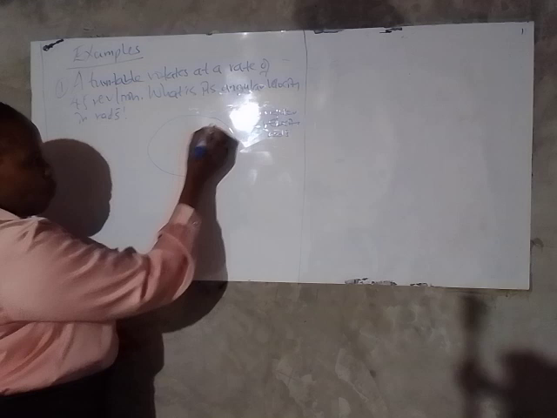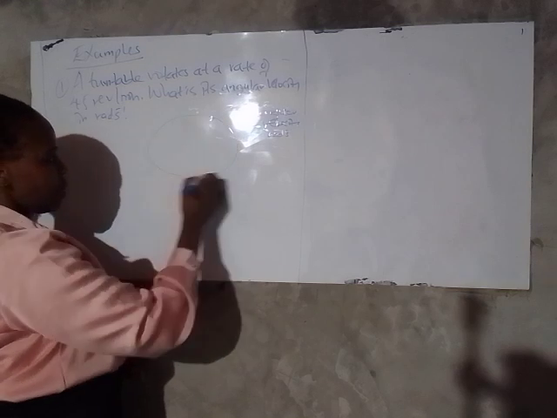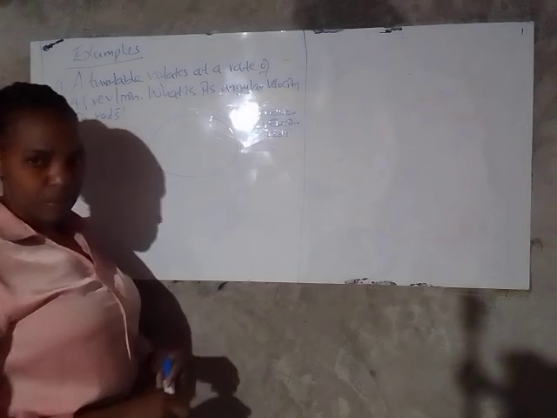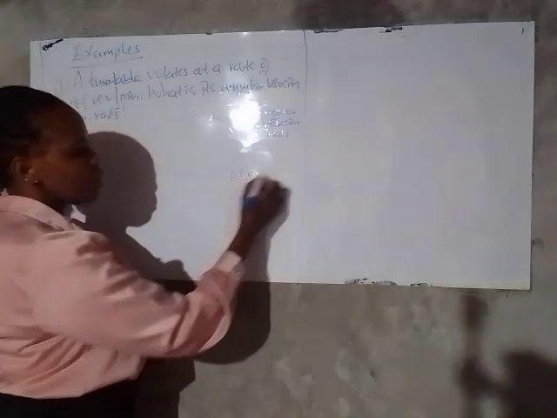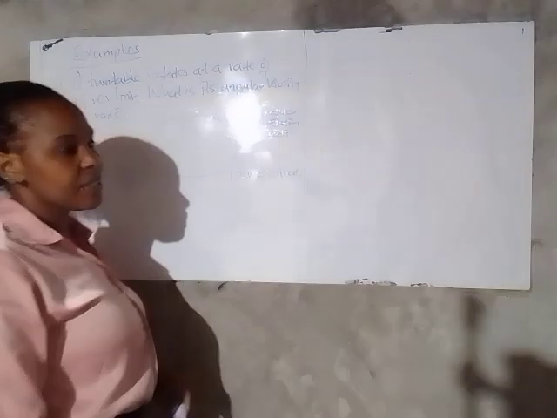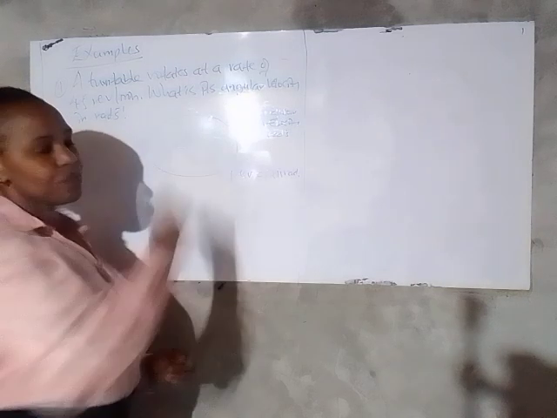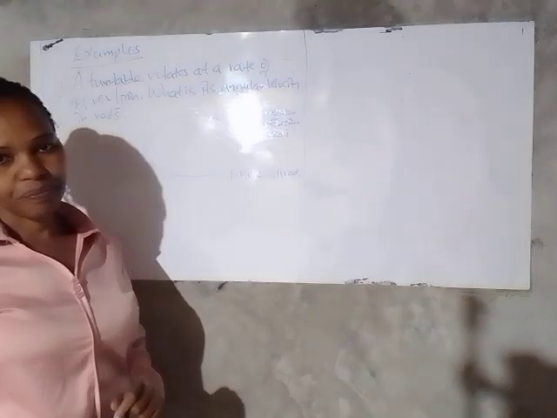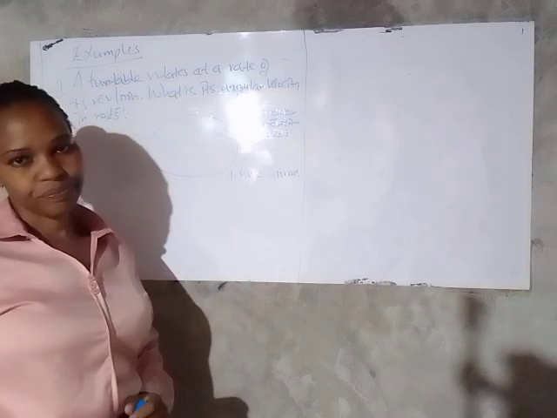Now, 1 revolution, if you start here and go round all the way back to that point, you will have covered 2 pi radians. I hope you remember that. Why? Because 1 revolution is equal to 1 circumference, and 1 circumference is 2 pi r.